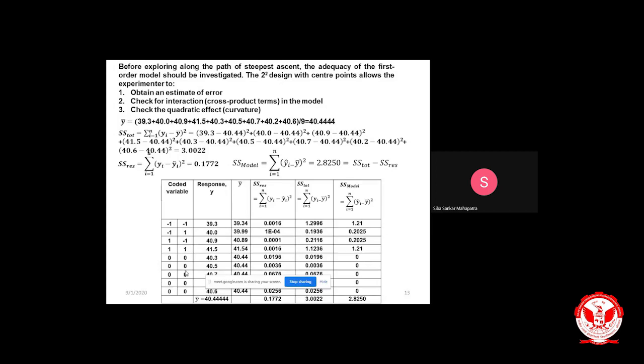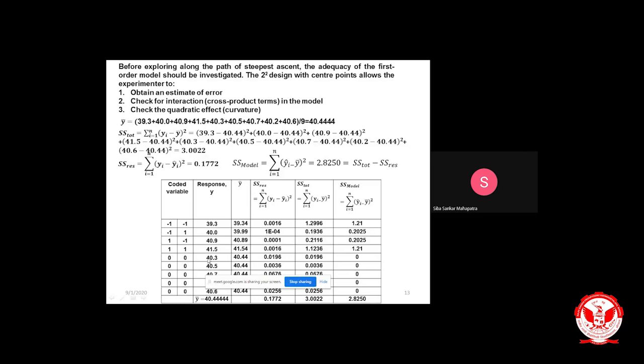To check the error, what do we have to calculate? First we calculate y bar, that is the average value of the responses. So the average value of the response is nothing but 39.3.